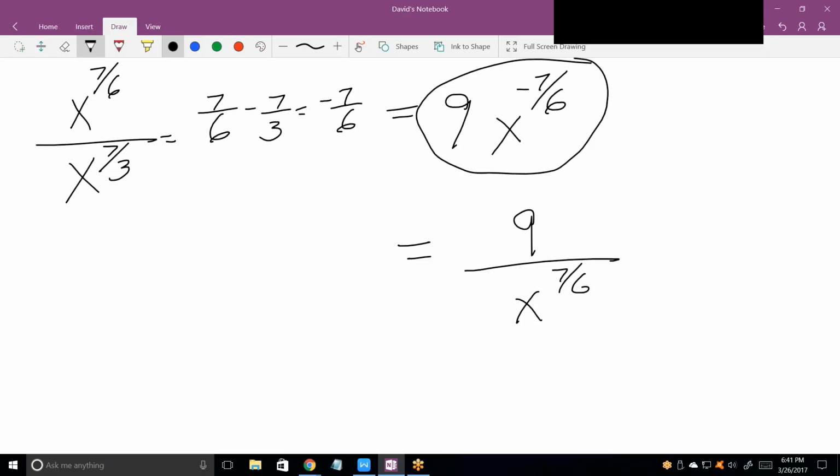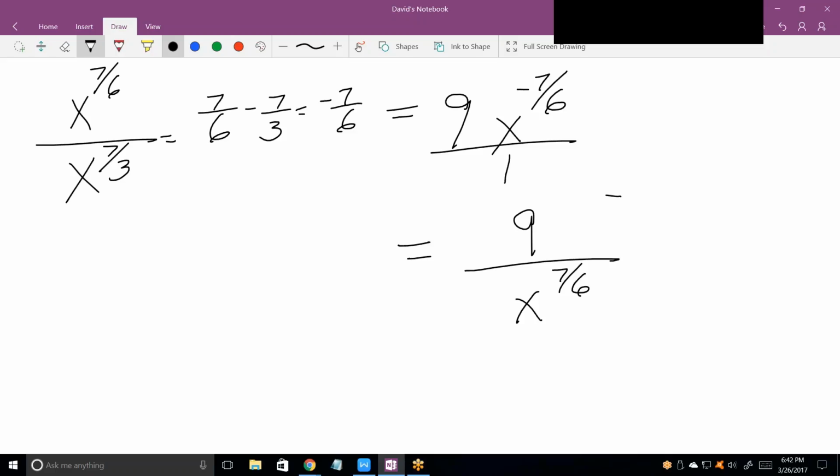Now, you might ask yourself, what fraction bar? I didn't see a fraction bar. But in reality, there was a 1 under that. Okay? So the x to the minus 7/6 went on the other side of the fraction bar, so it went to the denominator, and the 9 stayed in the numerator because the minus 7/6 didn't have anything to do with the 9. Okay?